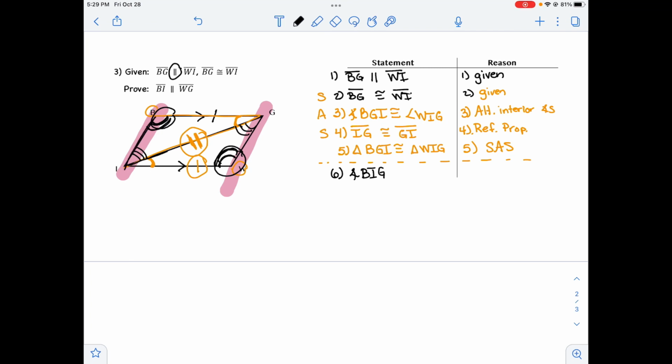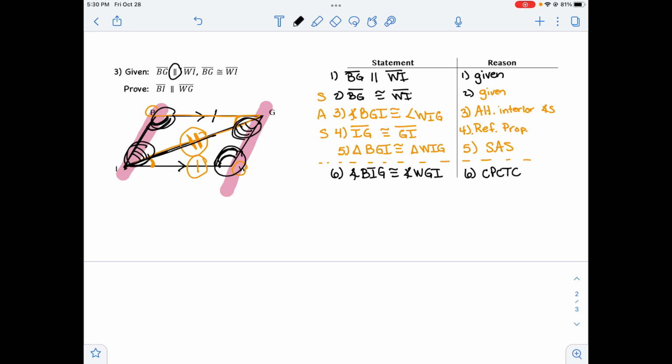So BIG, so this angle right here and this angle right here. So we'll say they're congruent, WGI, and make sure they're corresponding correctly, because of CPCTC.